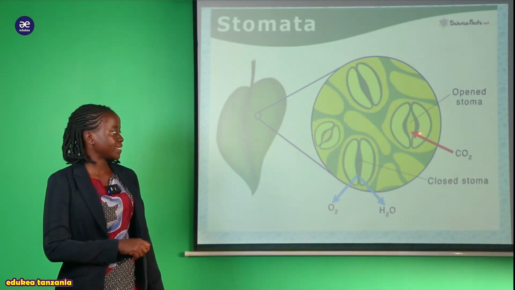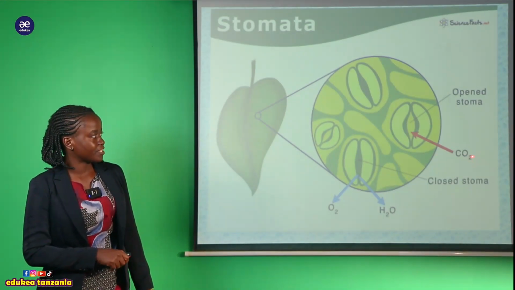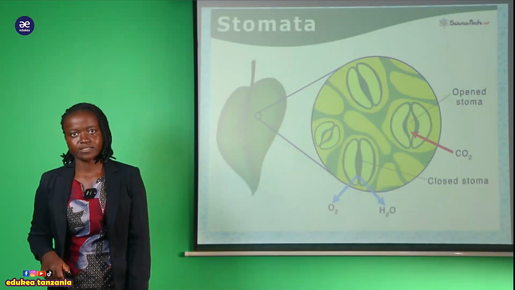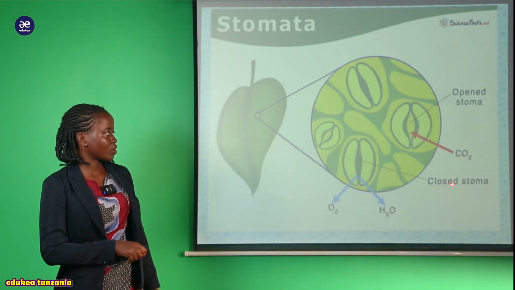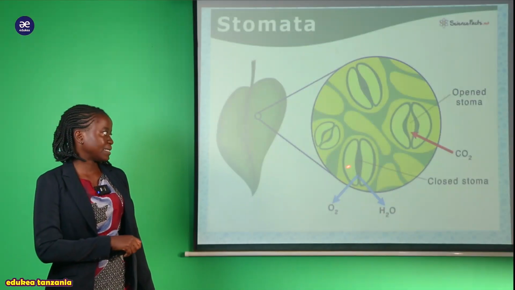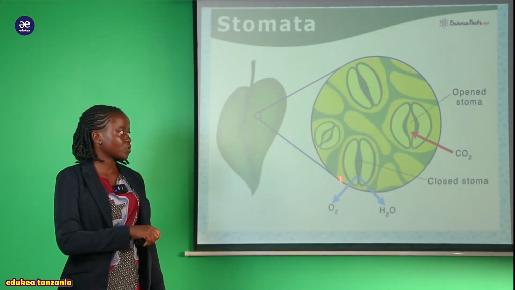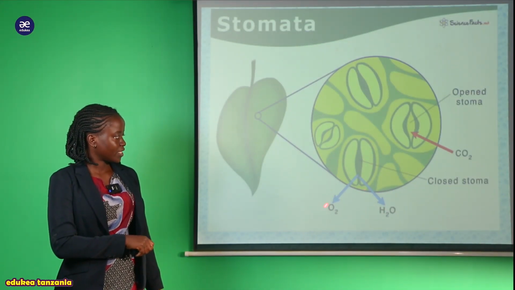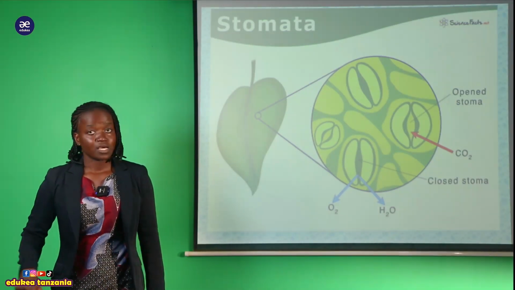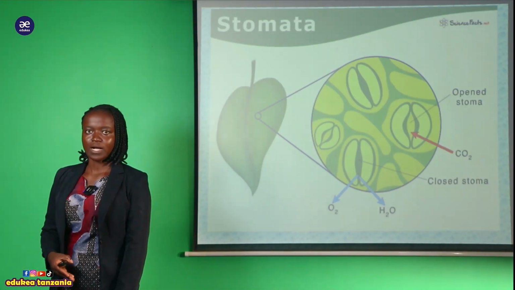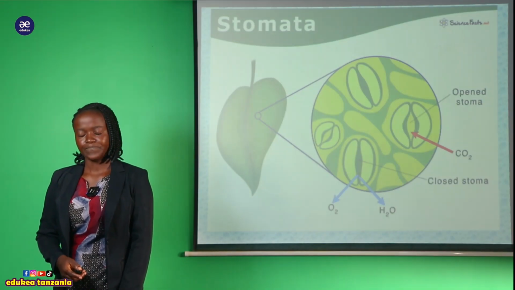Within the open stoma, this carbon dioxide enters. And also here is the closed stoma. So pale ambapo patakuwa panakuwa na closed stomata is where the oxygen is released together with the water. Now you can see that is how gaseous exchange occurs within a plant.